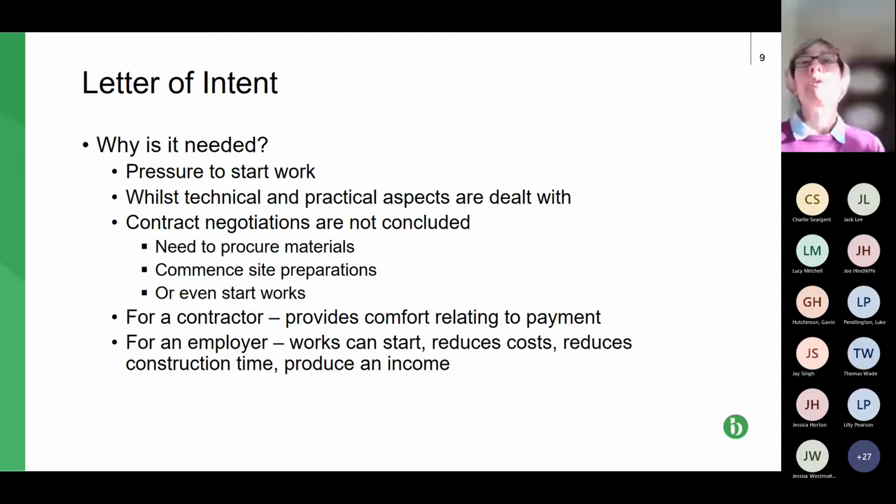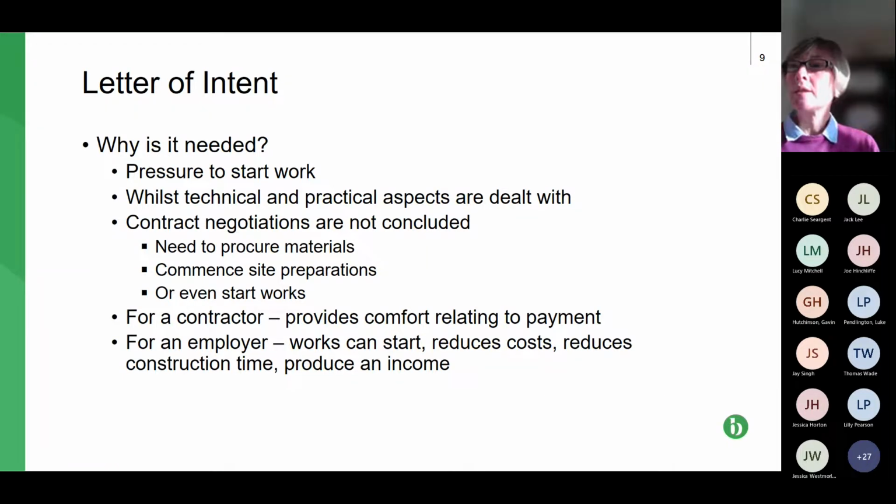Quite often the contract negotiations haven't been concluded. It could also be used to procure materials, particularly in this day and age where we've got problems with inflation, etc.